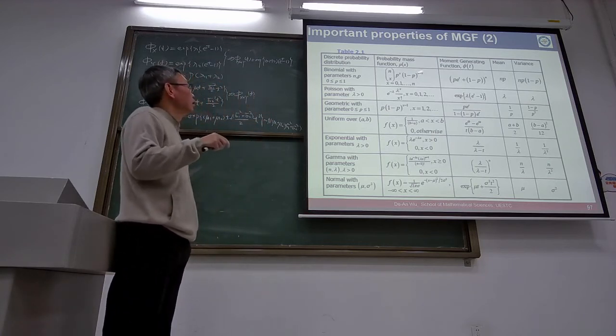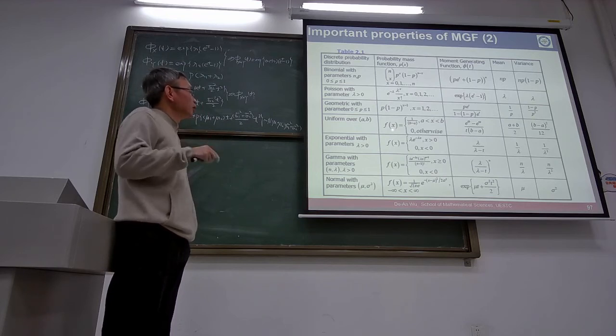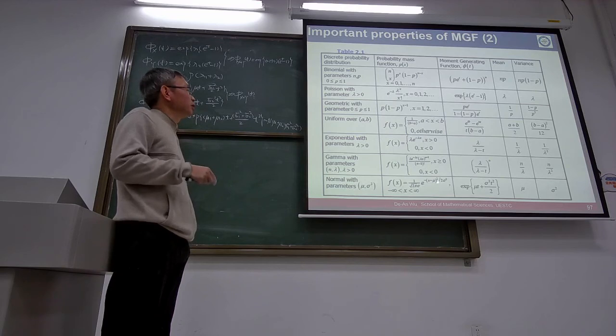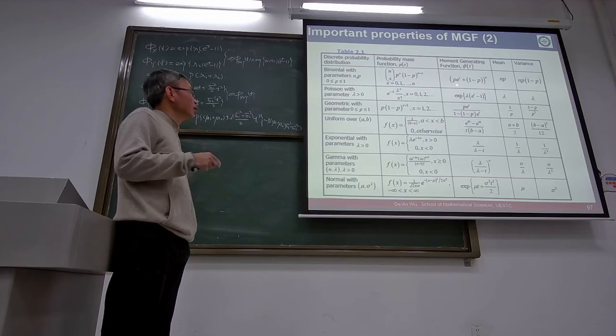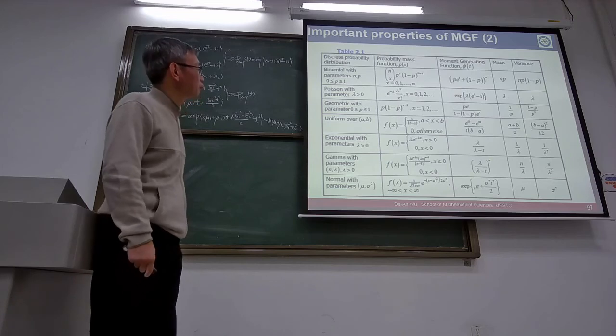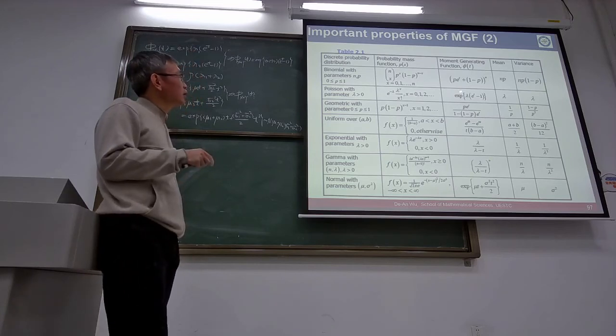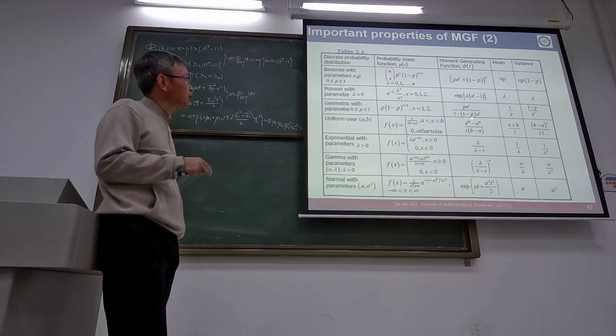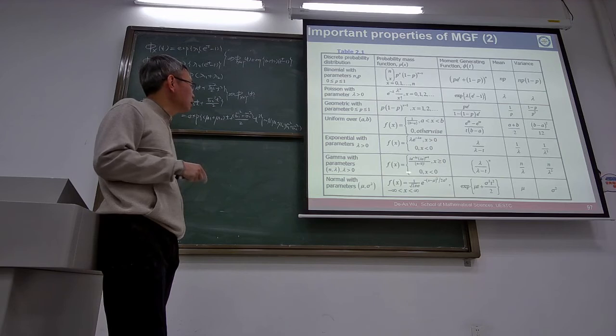This is a list of discrete and continuous distributions with their moment generating functions. From this list, we see the gamma distribution.